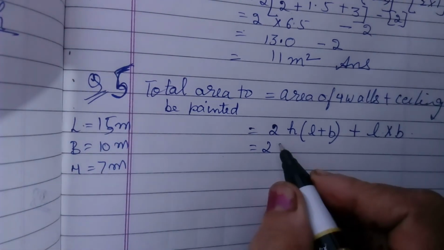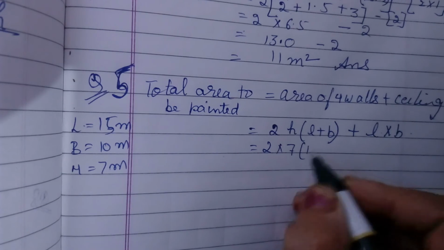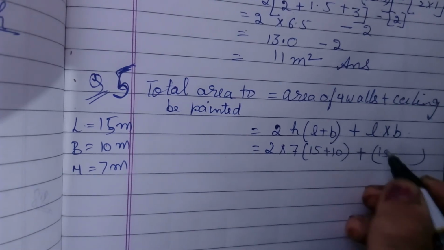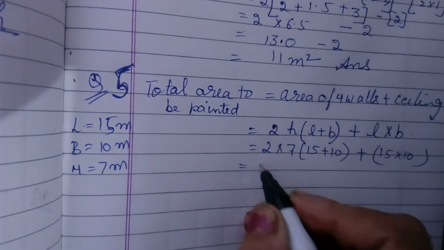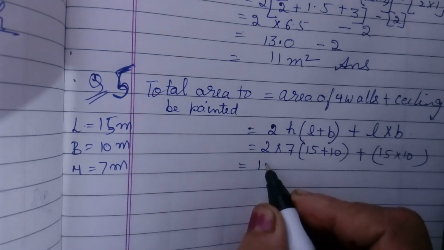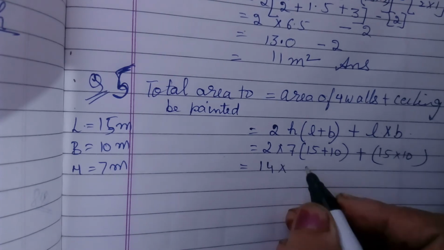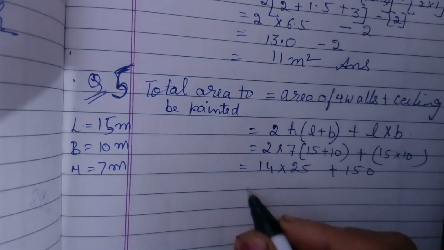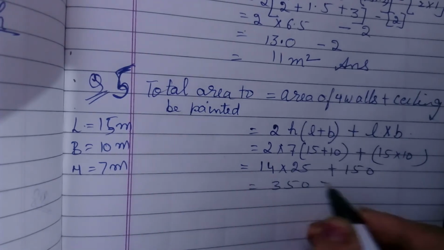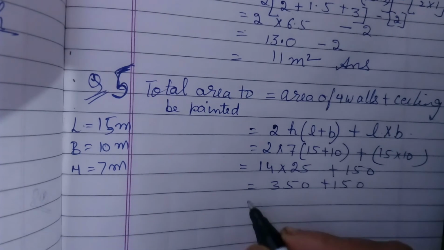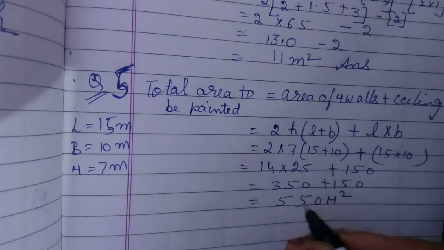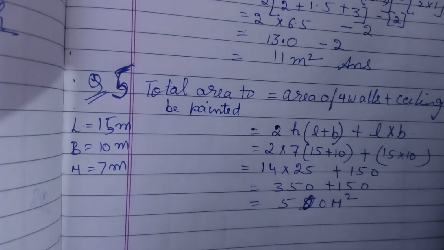So put the values: 2 into 7 into 15 plus 10, plus length into breadth, that is 15 into 10. 2 sevens are 14 into 25 is 350, plus 150, you will get 500 meter square.